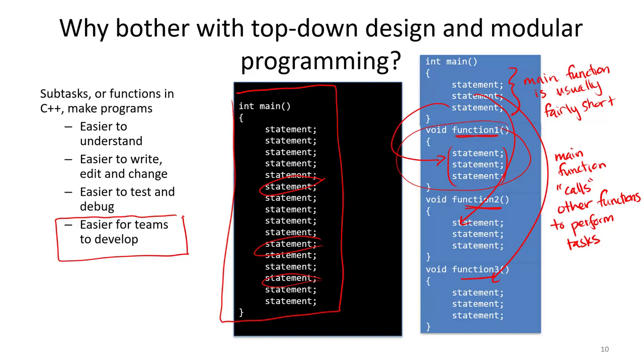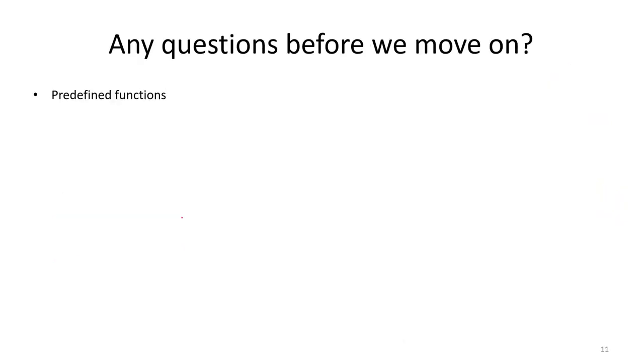Then it's a lot easier to combine everyone's work back together at the end and finish the program. So functions can greatly simplify the programming process. As your programs become more complex, you may find that you rely more and more on functions in order to more easily write, test, and debug your programs.